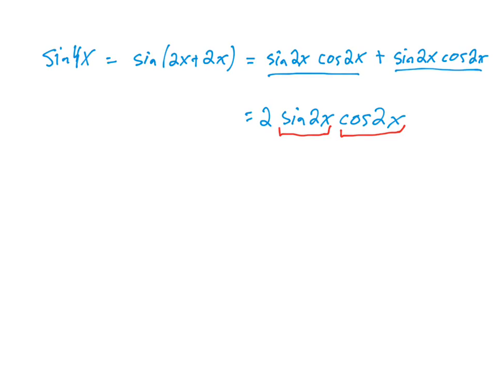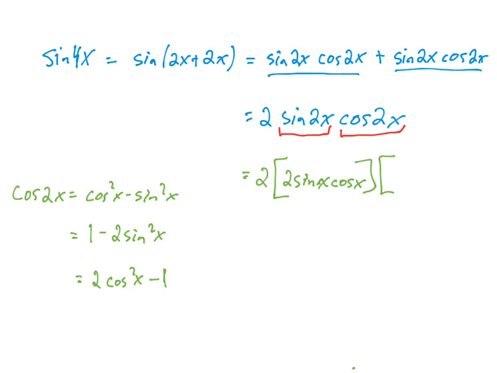And so from there we can expand each of those. So we could say 2 sine of 2x, well that's 2 sine x cosine x. And then cosine of 2x, there's three different options there. And those are the three options.